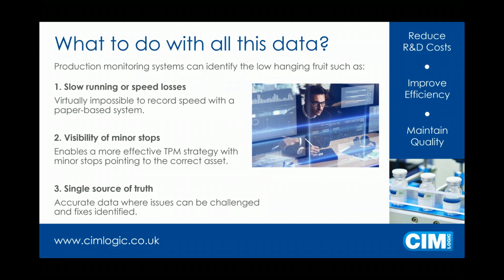Definitely. So that was the challenges around capturing slow running. But once the system's in place, you might see quite quickly that the line's running at 90% of what it should be targeted at. Yeah. And when you go down to the line and start questioning the guys running the line, the general response is, oh, well, we run it at 90% because it just runs better that way.